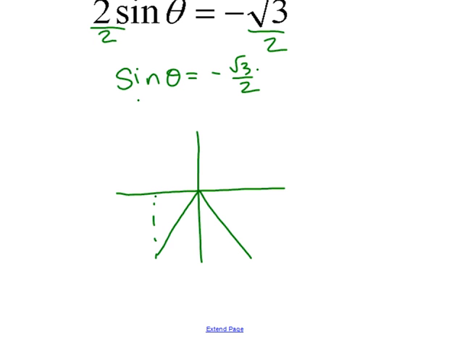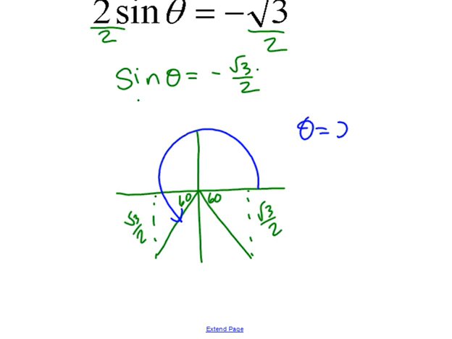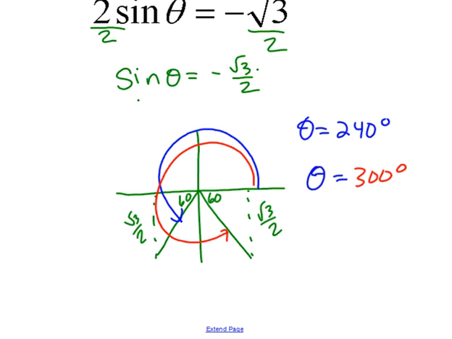And so if I draw my triangles, I know this side has to be root 3 over 2. And so I know my reference angle has to be 60 degrees. So our answer for theta would be that answer right there, which is 240 degrees, or this answer in the fourth quadrant, which is 300 degrees.